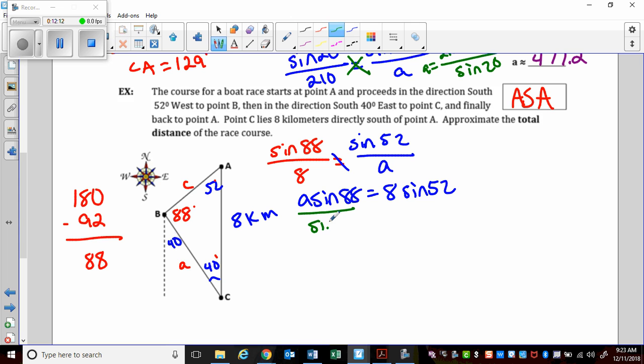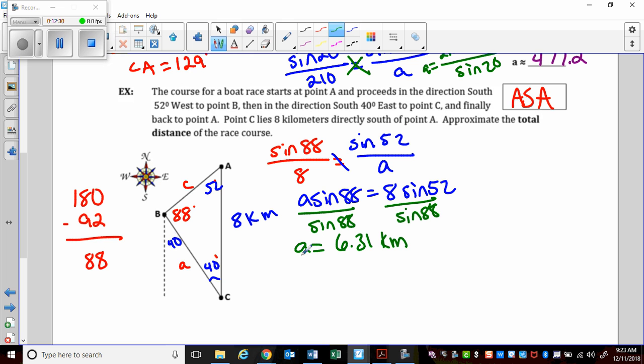Divide by sine of 88. A equals 8 sine 52 over sine 88, which is maybe about 6.31 kilometers.